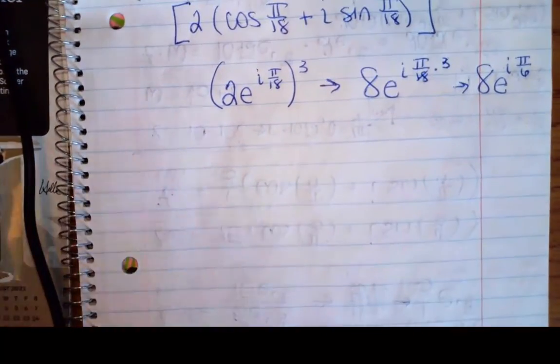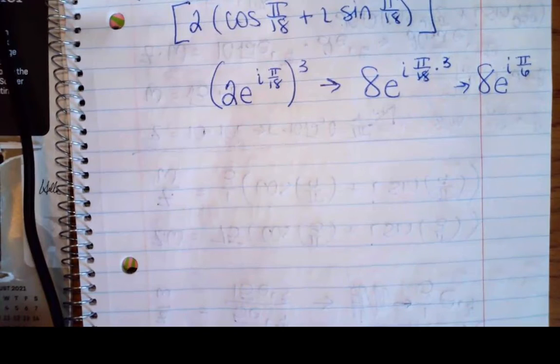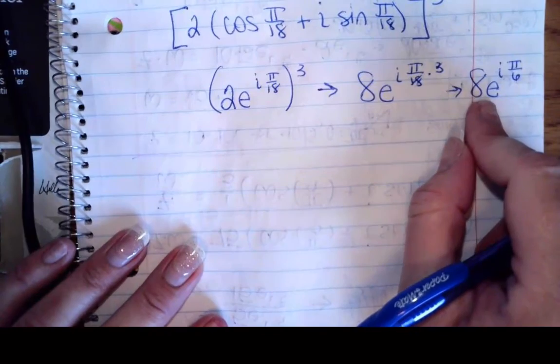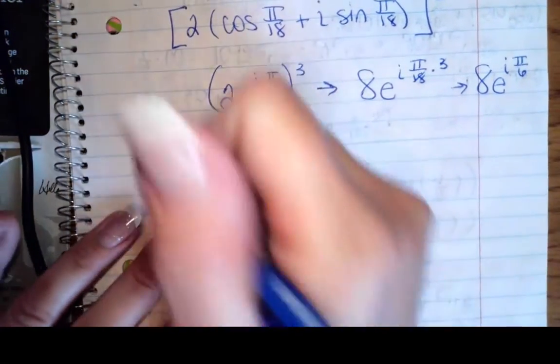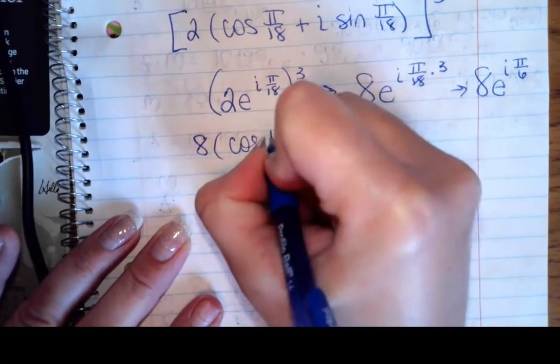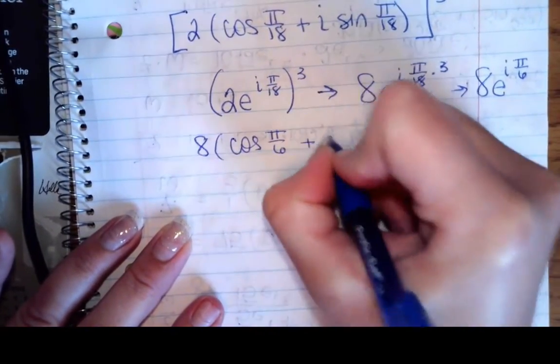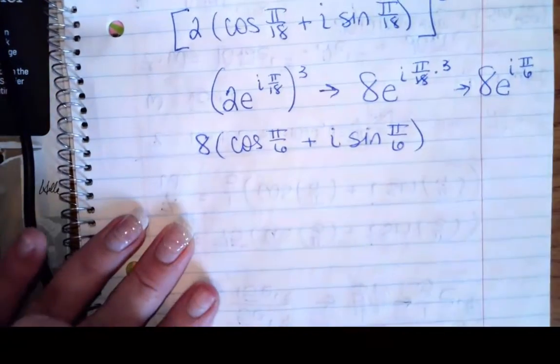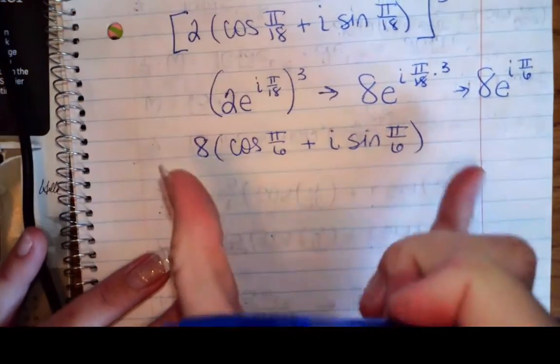And when I convert that back into rectangular, so I'm in exponential, I need to get to polar first. So polar says I will have 8 times the cosine of pi over 6 plus i times the sine of pi over 6. Okay, so that's polar.